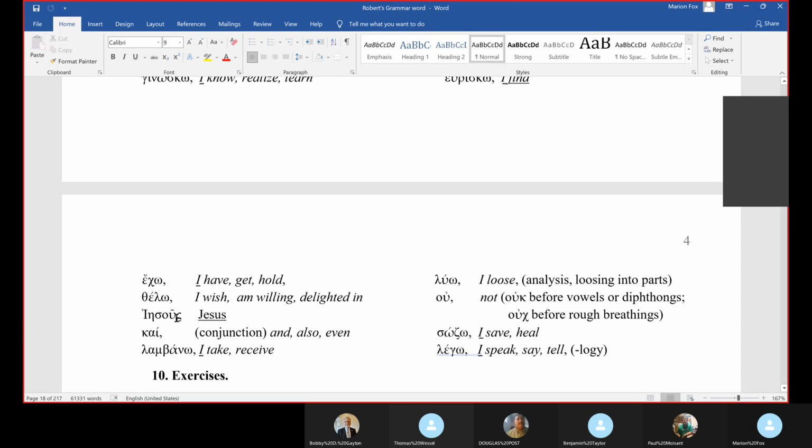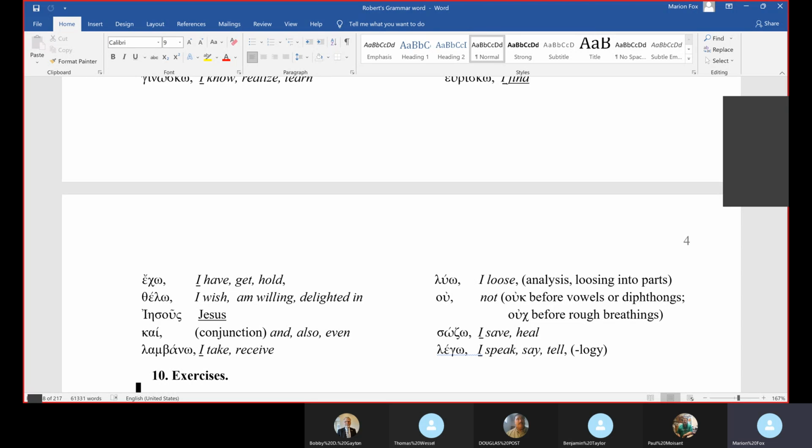Iēsous, this is a noun, the name of a person. Jesus. Kai. This word is found a couple thousand times in the New Testament, probably. I'd have to look it up, but many, many times. You won't find a page in the New Testament that doesn't have this word on it, I don't think.